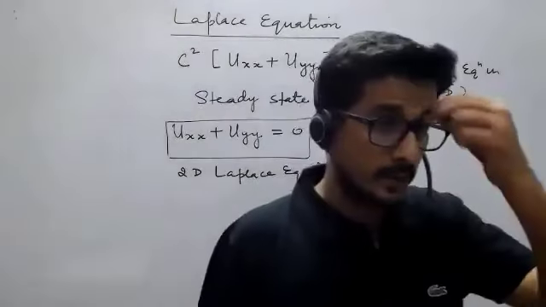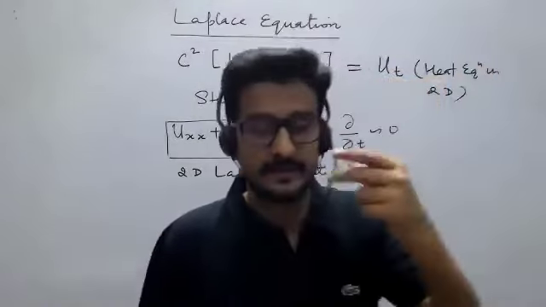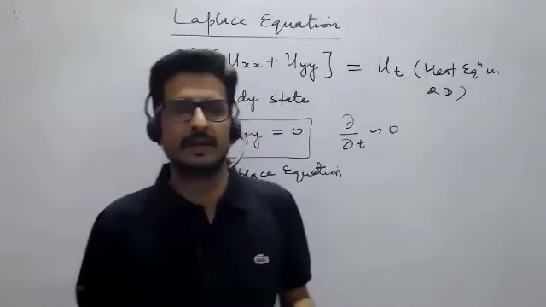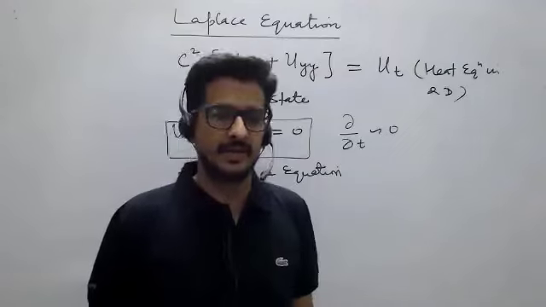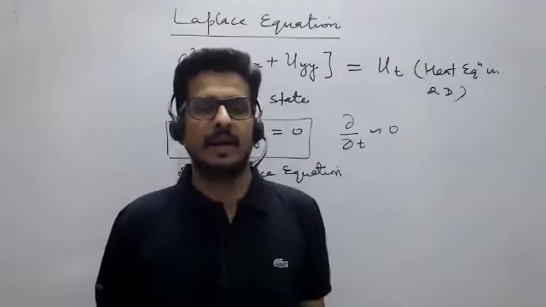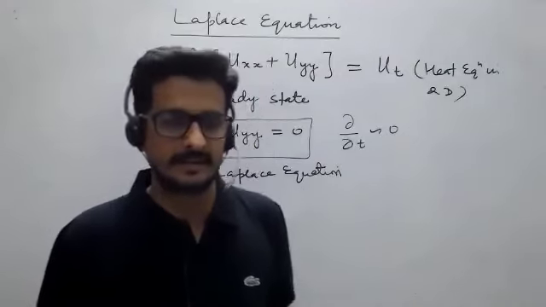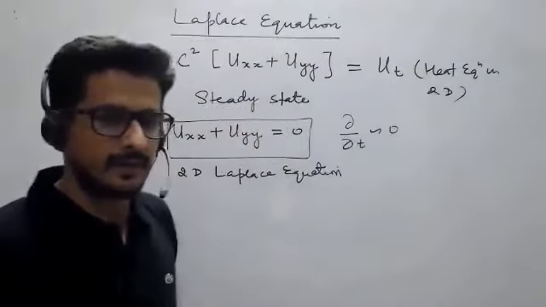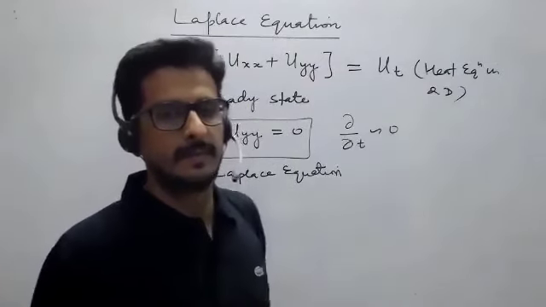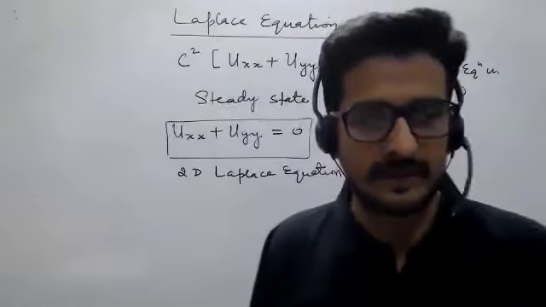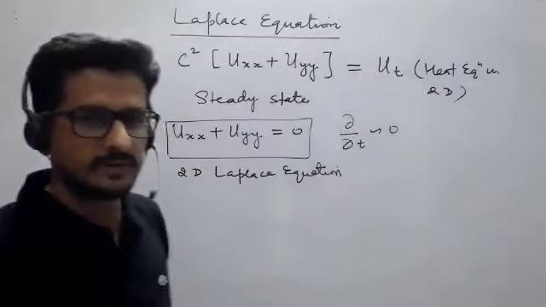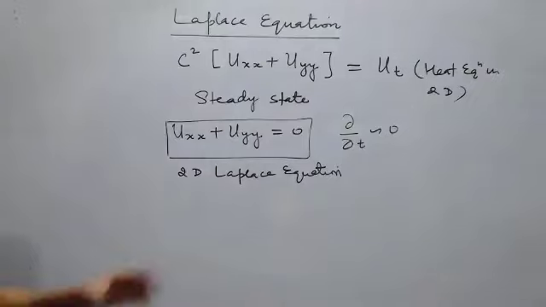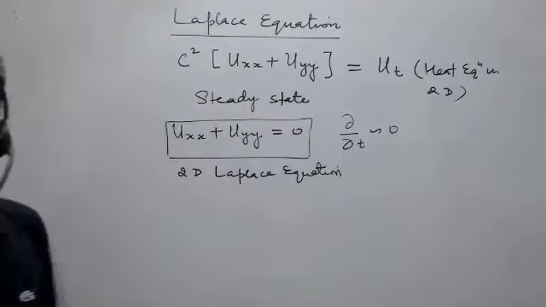So you know that Laplace equation is a very important equation, and it is used in mechanical engineering, it is used in electrodynamics, electrostatics, to solve the potential. So we use Laplace equation. So let us try to find out the solutions of the two-dimensional Laplace equation.